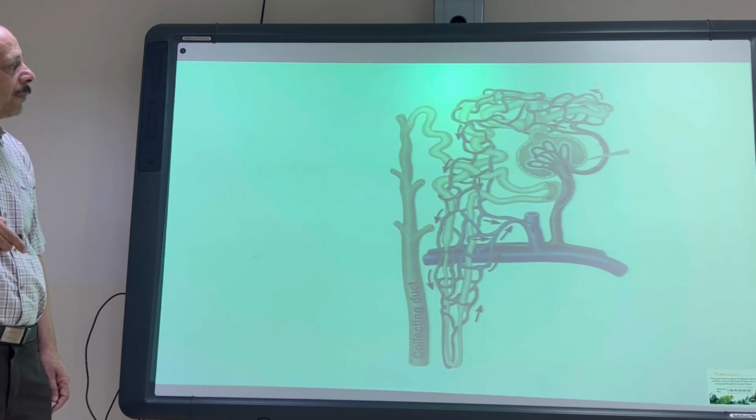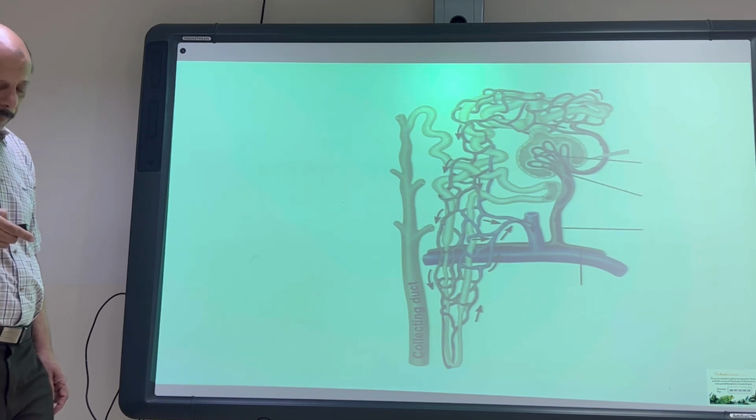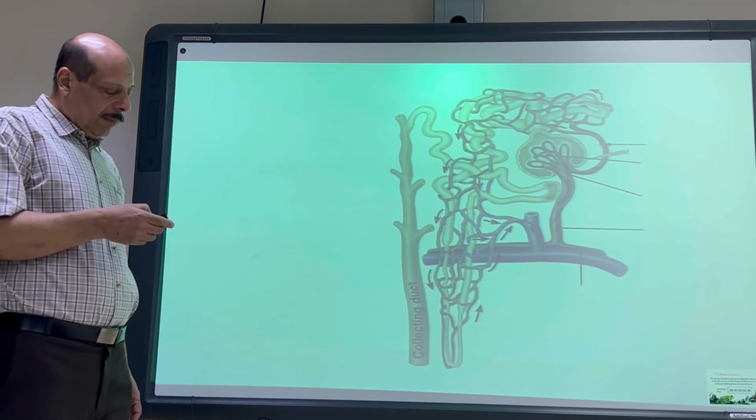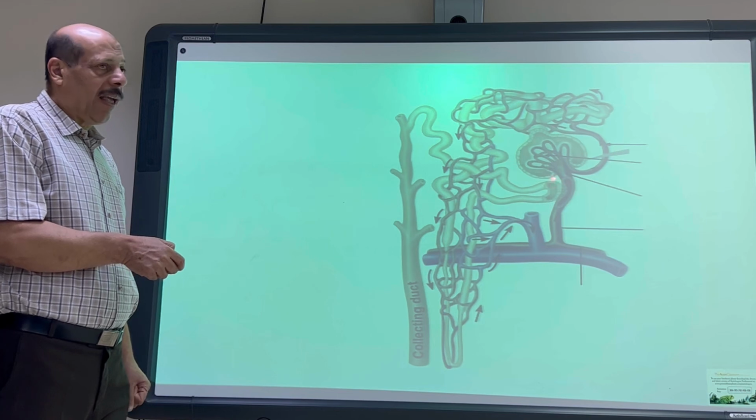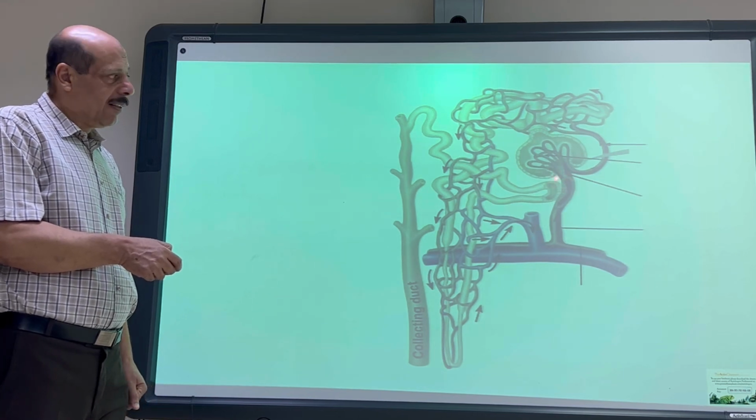So again, this is the nephron. Here it is the efferent artery.